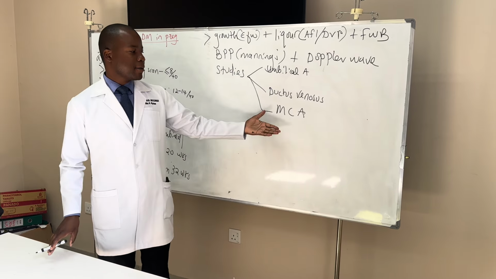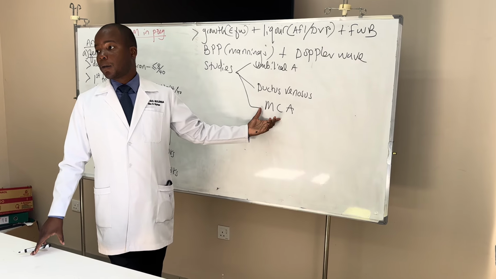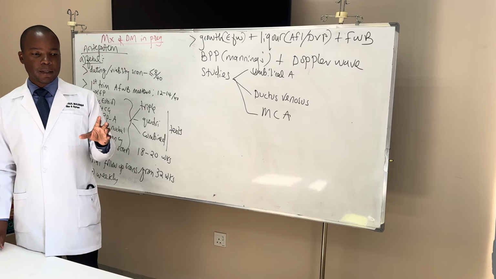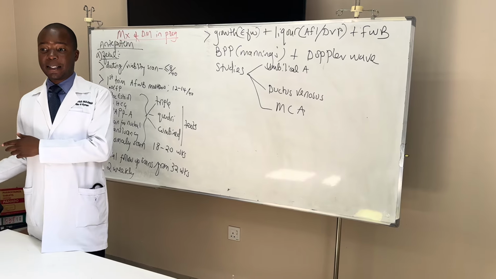Now the middle cerebral artery is not usually used for routine clinical use. We normally use it when we are using the Liley chart, when you look at rhesus incompatibility and the mother is already sensitized.